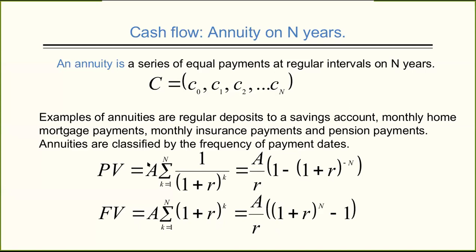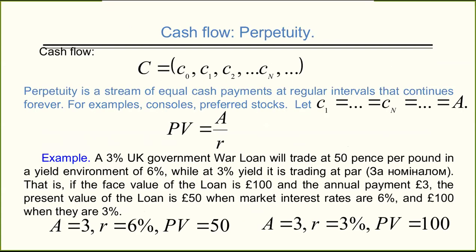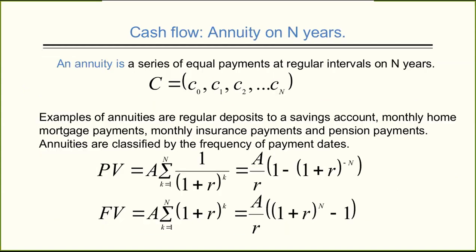And what is interesting is that from this present value we should obtain the present value for perpetuity. This formula: A divided by r, little r. How can we find this? We find the limit when n tends to infinity.